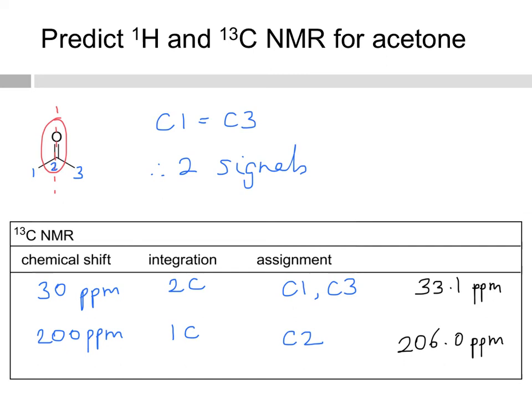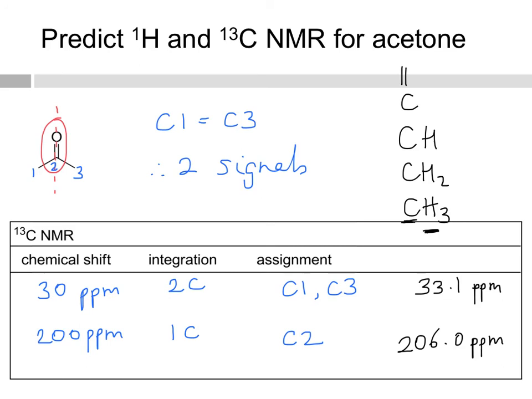A final note about integration: we almost never integrate a carbon NMR, and that's because if you took the carbon NMR of this compound, this peak would not be half the height of this peak, even though this has half the number of carbons as this peak does. And that's because a CH, CH2, CH3 all have these hydrogen signals feeding into the carbon signals due to decoupling.